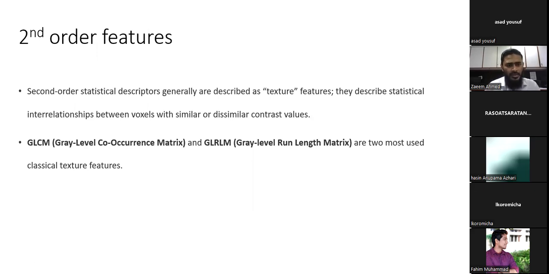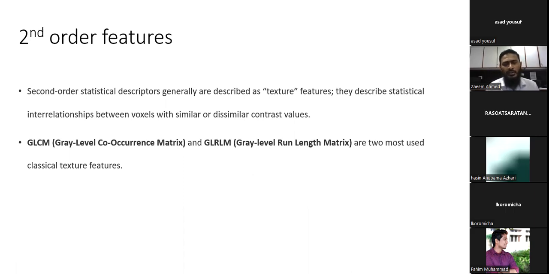Second order radiomic features are basically statistically deduced, or they are statistical descriptors. We can also say they have the ability to identify textures, because they have both intensity information as well as spatial information of the pixels.